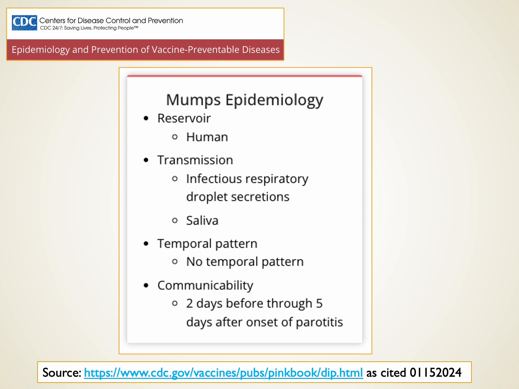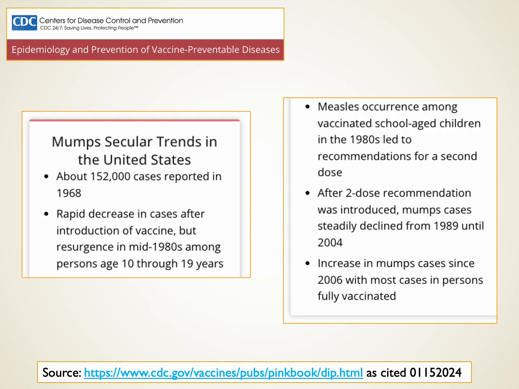Its reservoir is human, and respiratory droplet secretions or saliva. It's communicable from 2 days before through 5 days after the onset. And a number of cases were reported after the vaccines became available.